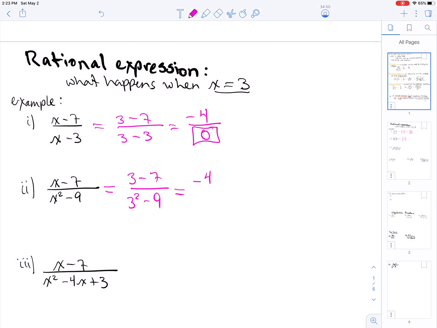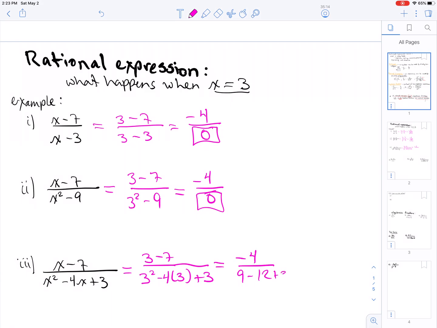Okay, we got negative 4 divided by 0. Let's look at the third example. 3 minus 7 on the numerator. Then I have 3 squared minus 4 times 3 plus 3 on the denominator. So I have minus 4 divided by 9 minus 12 plus 3, which is equal to minus 4 over 0. Each of them gives me a denominator of 0.